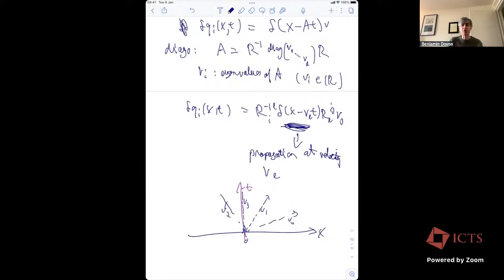I get different velocities where the disturbance is supported with a delta function, with some coefficient that depends on the diagonalization matrix and on the initial disturbance. So that tells me the physical meaning of the eigenvalues of the A matrix. These are velocities of propagation of small disturbances, right?